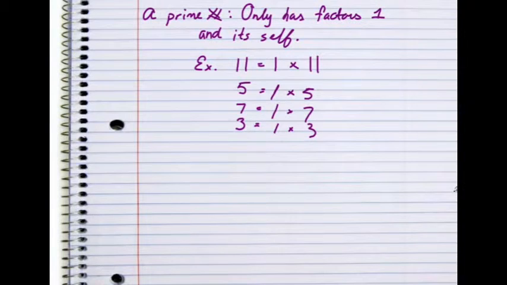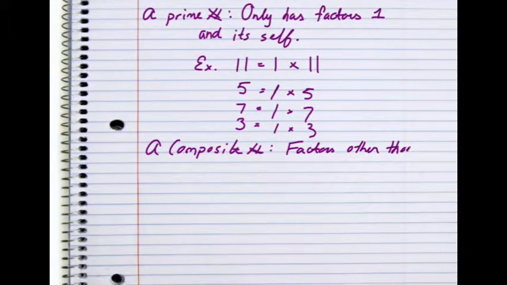On the flip side, a composite number can be made up of factors other than 1 and itself. So it has factors other than the number 1 and itself.